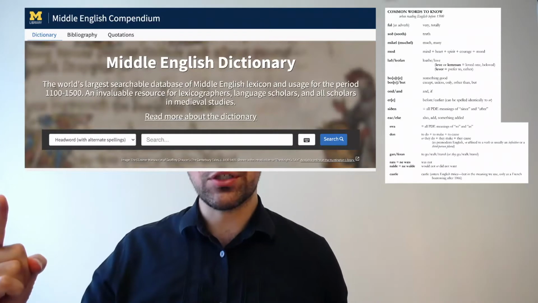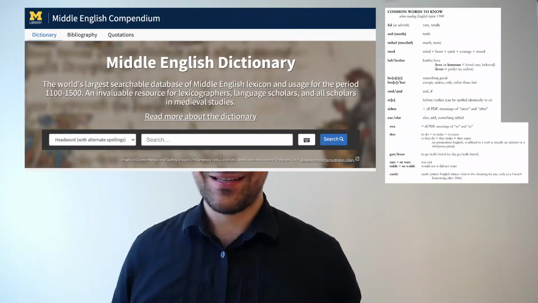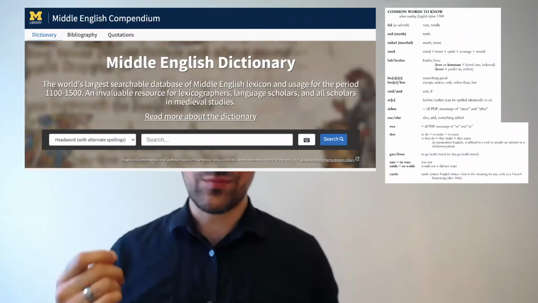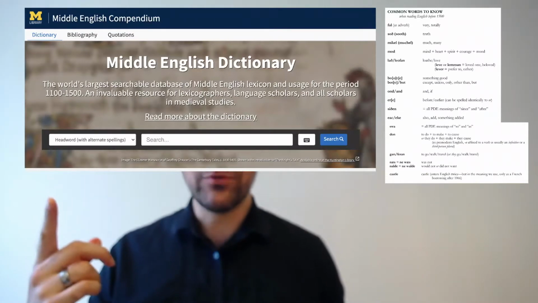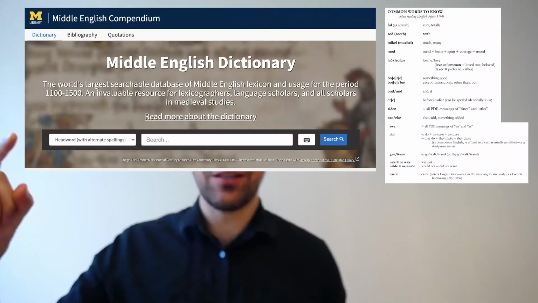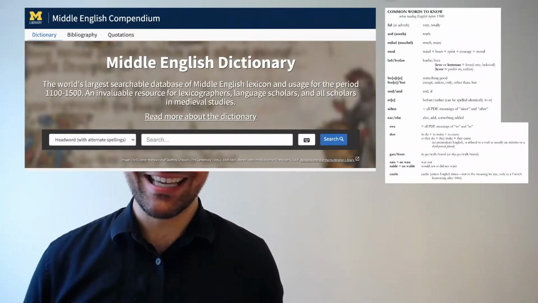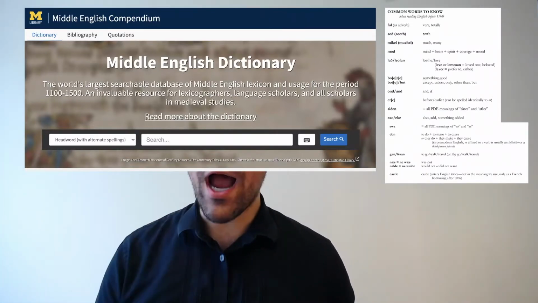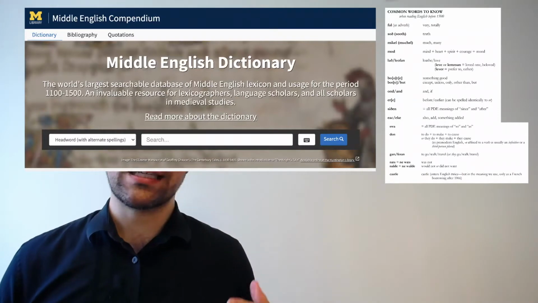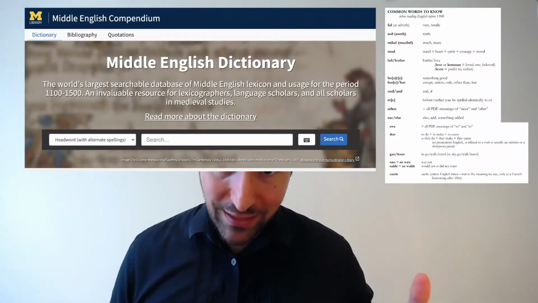That's why the Middle English Dictionary is so important, because the Middle English Dictionary has to be searched across multiple spellings. Thus, when we search in the Middle English Dictionary, we have to search for the head word with alternate spellings. And that will get us through the wide variety of ways that words can be spelled, and spelled correctly, right?